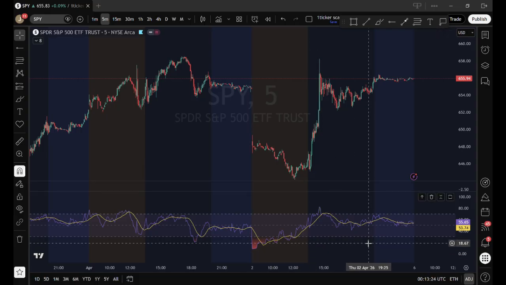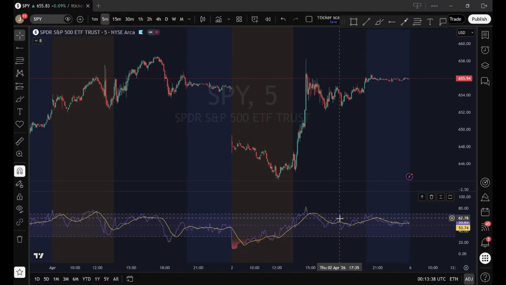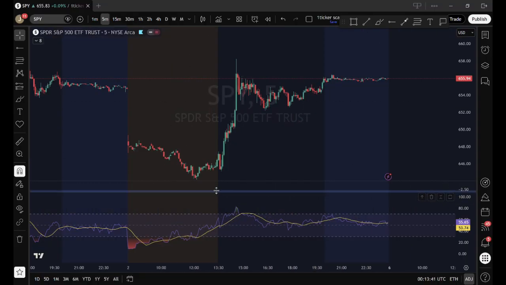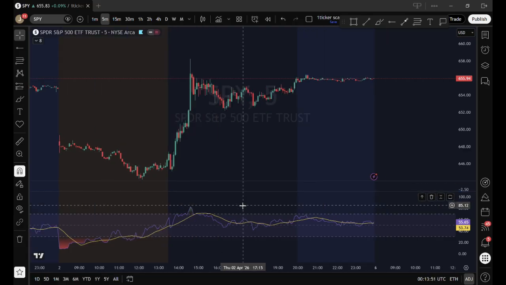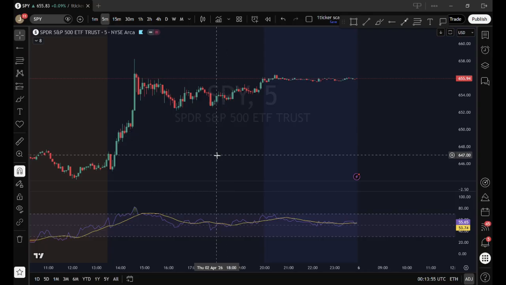The RSI is the same as well. A high, a higher high, and then a low and a lower low. And when the RSI is up but the price is down, that's a divergence.